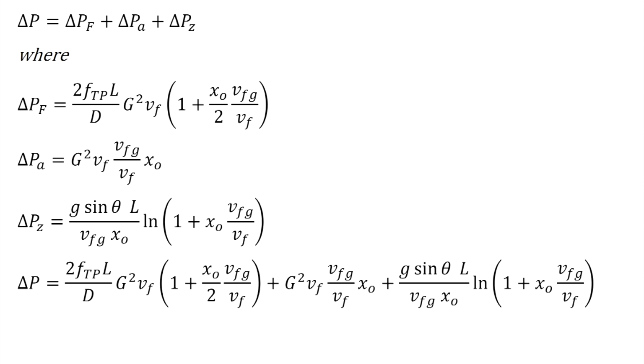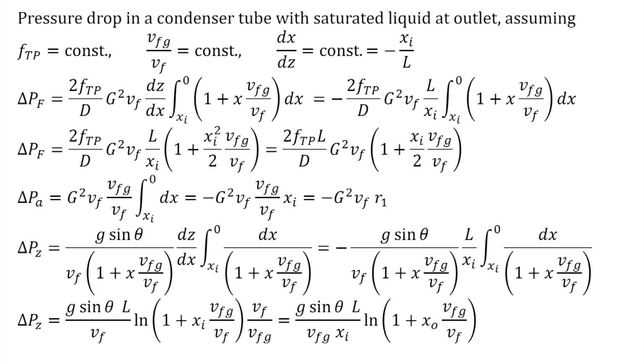So, this was for an evaporator tube. Now, let us consider a condenser tube. In the condenser tube, let us consider saturated liquid at the outlet. In the evaporator, we considered saturated liquid at the inlet.